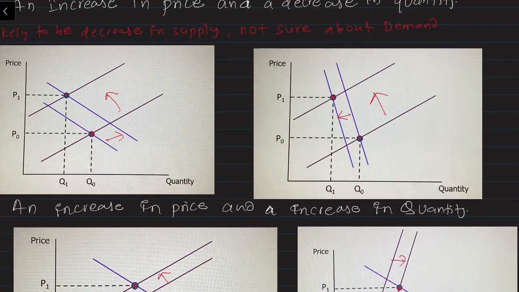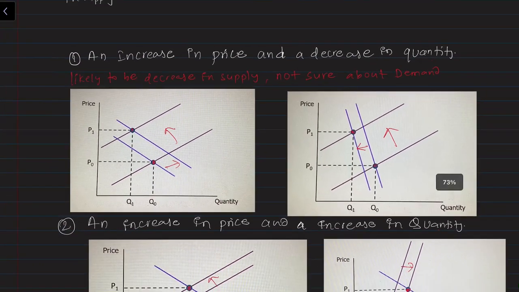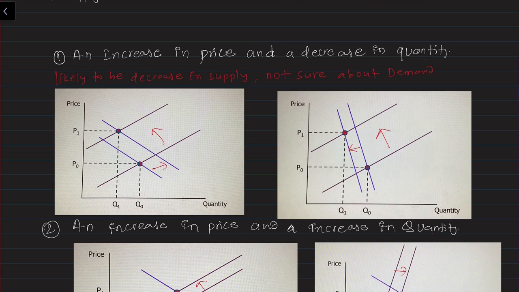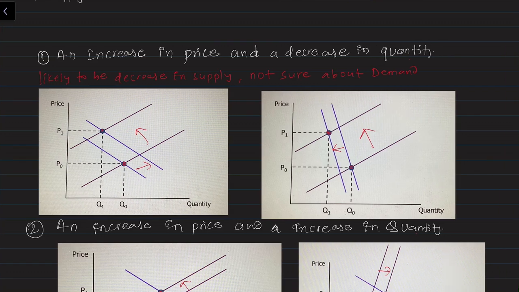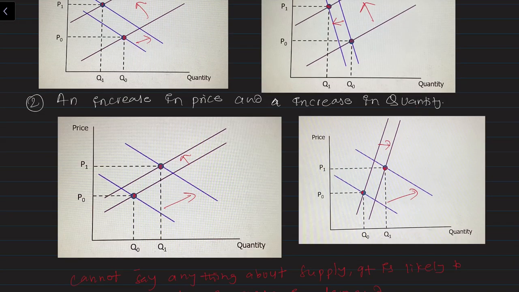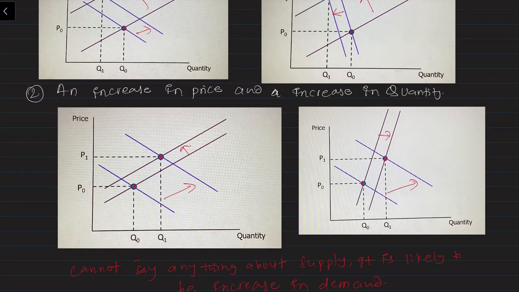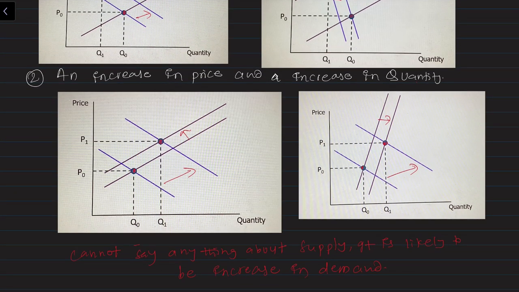So from these two situations we can conclude that whenever there is a change in price and quantity in the opposite direction, we cannot say anything about the demand, but it is likely to be a decrease in supply. And whenever there is a change in price and quantity in the same direction, we cannot say anything about the supply, and it is likely to be an increase in demand.